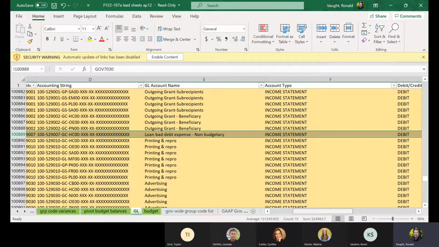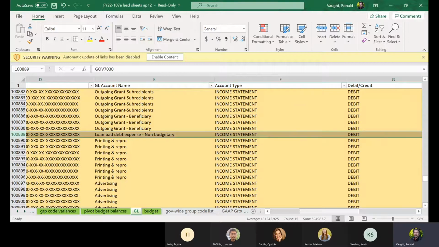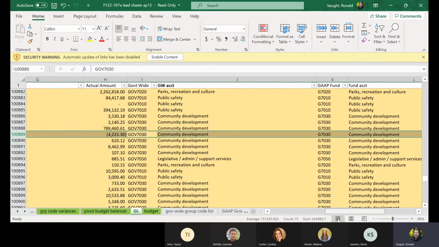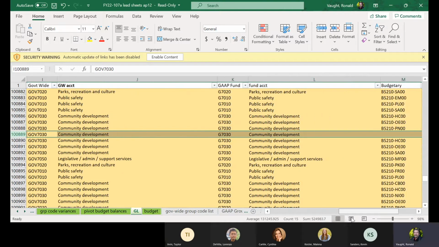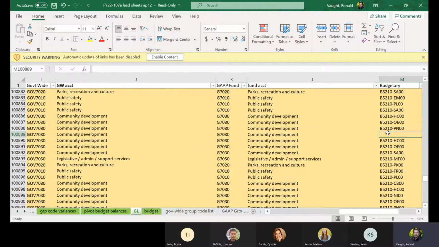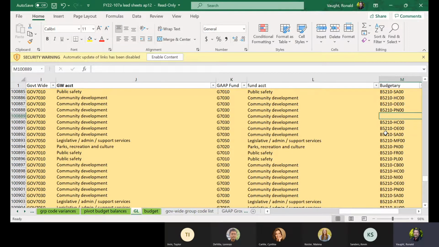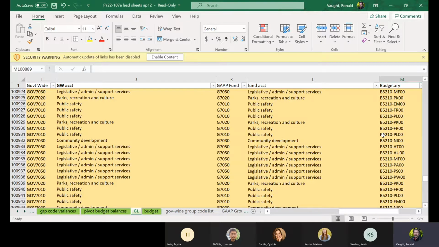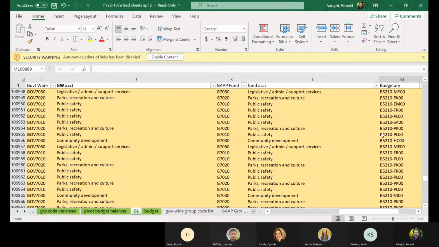So a write-off of a loan wouldn't be a budgetary transaction. So it makes sense that we don't have a budgetary code for the bad debt expense, because we don't have a loan. You can't have a bad debt if you don't have a loan.